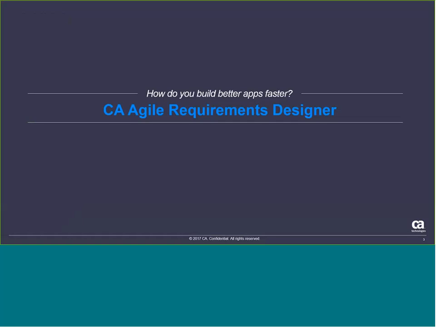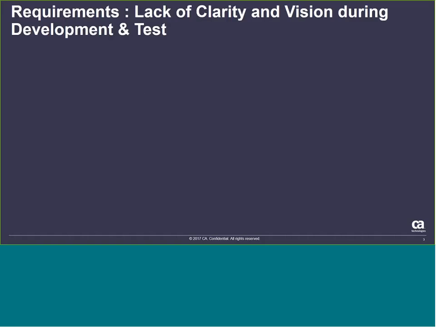The optimal set of manual or automated test cases can be delivered automatically from requirements modeled using unambiguous flowcharts, and they are linked to the right test data so that you have the expected results. So let's look into how these requirements are captured and how CA Agile Requirements Designer can help with creating test cases and so on.